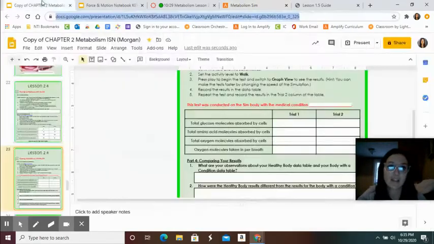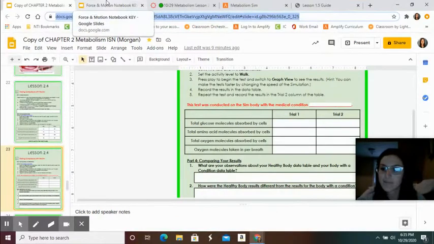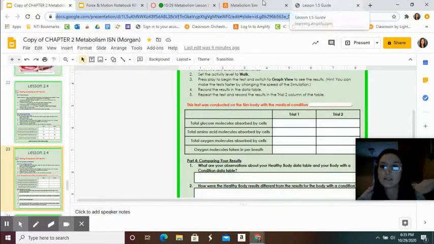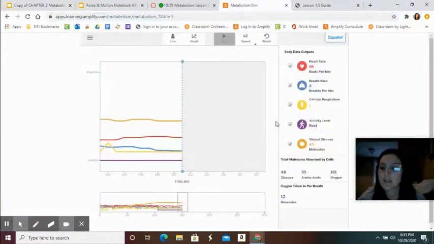And looking at my trials, I needed to do 2, but since I have to run every condition, I'm probably only going to do 1. And so these are your numbers if you were in the asthma group. So 48 glucose, 55 amino acids, 161 oxygen, and 12 molecules taken in for each breath.